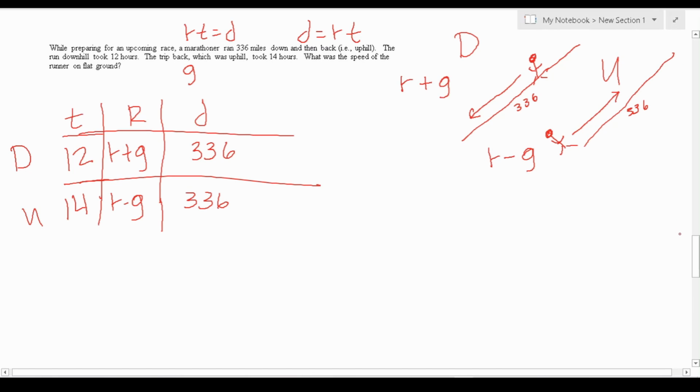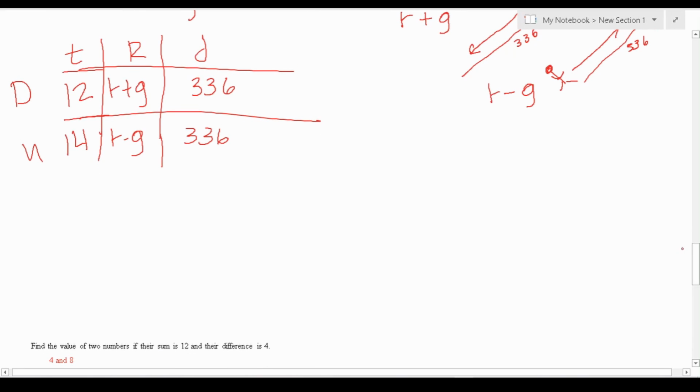Okay, so let's go ahead and set this up so we can get a system of equations going. Again, that's going to look like this when we multiply this and set it equal to this. Again, this could be R times T or T times R. Doesn't matter how you do that. So let's do that.